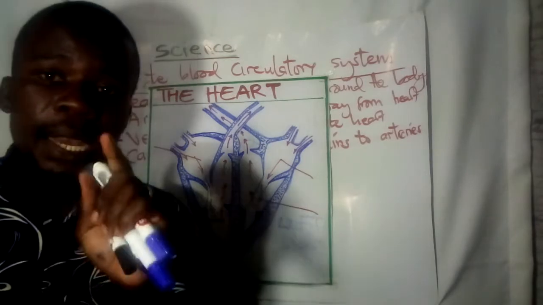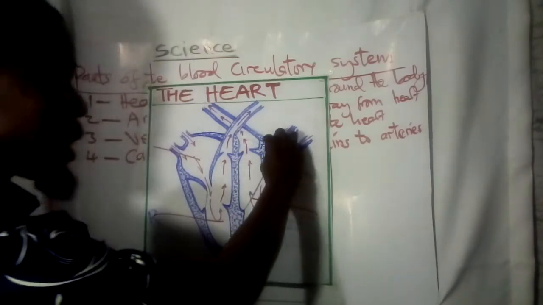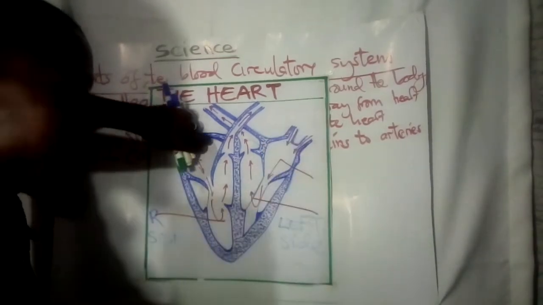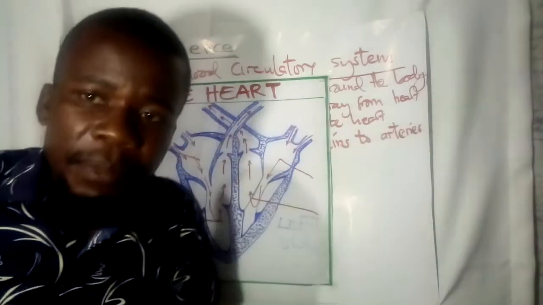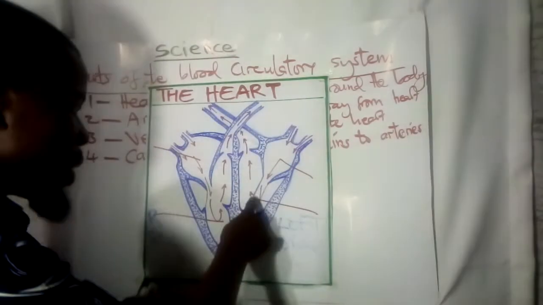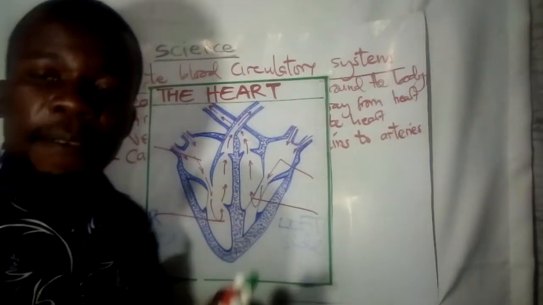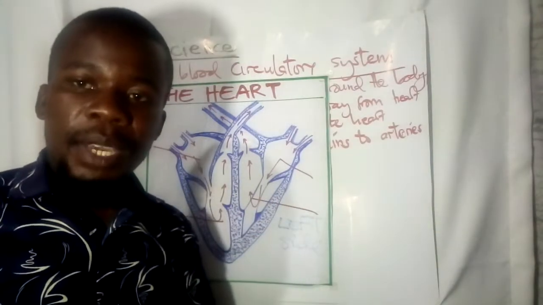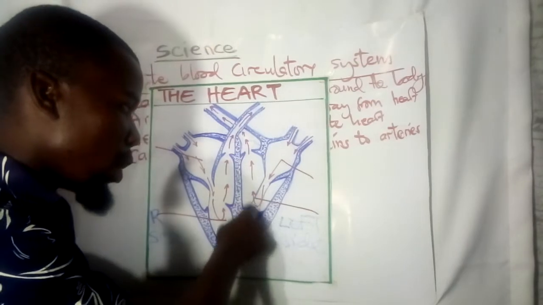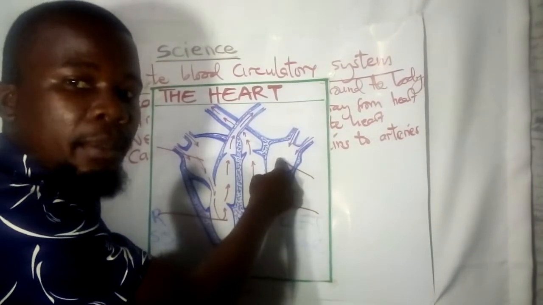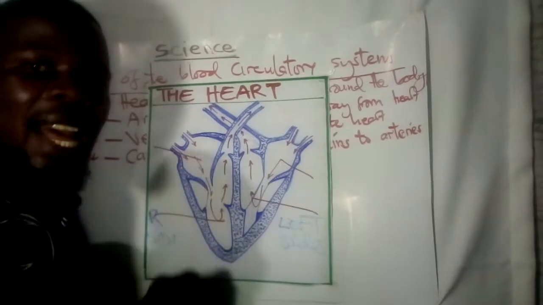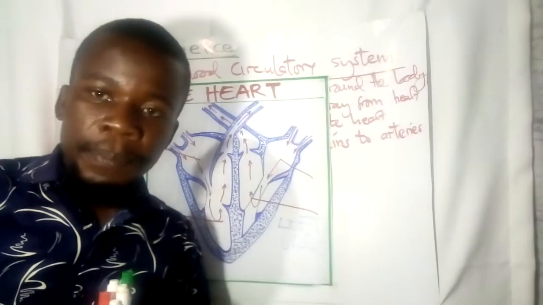Now, this upper room and this upper room are called atriums, while this one and this one are ventricles. This is a ventricle. This is a ventricle. This is an atrium, and this one is an atrium.